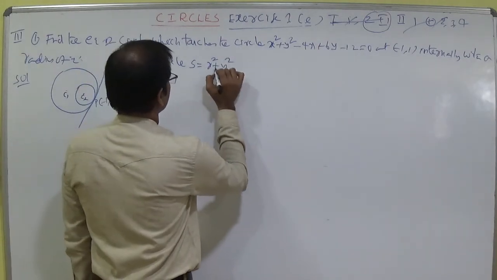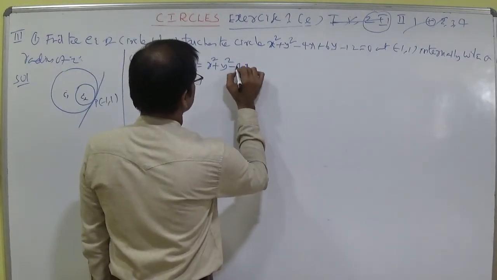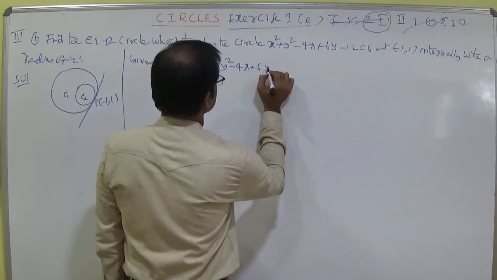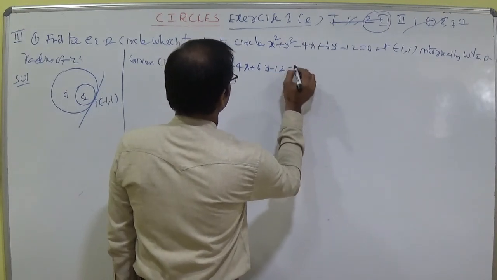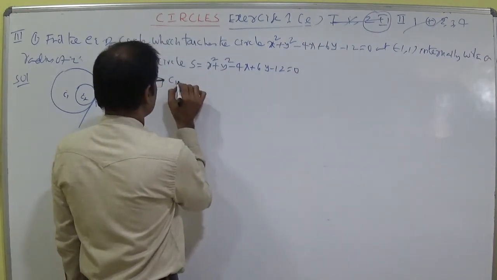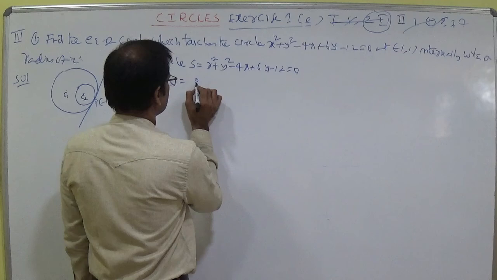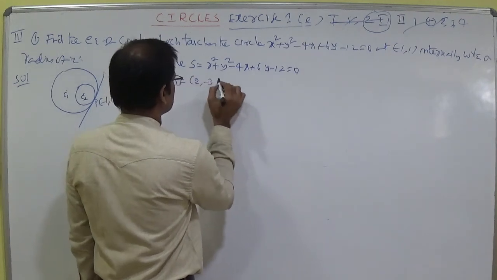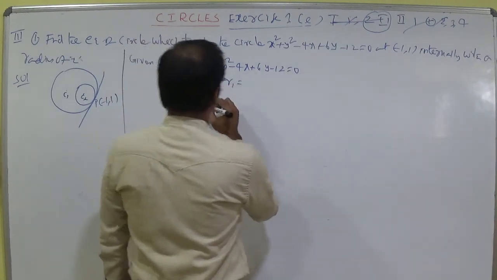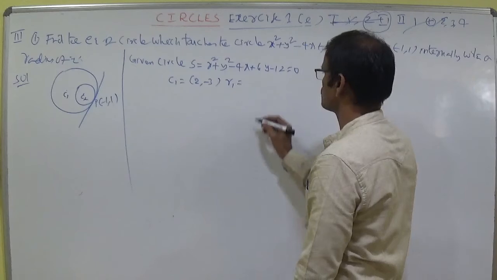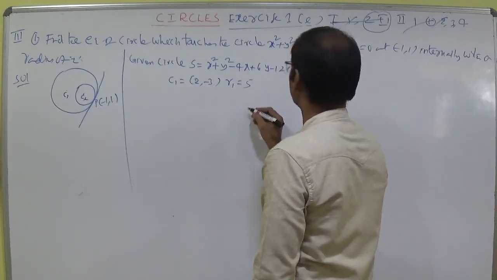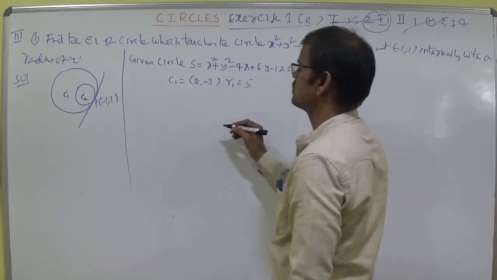Given circle x square plus y square minus 4x plus 6y minus 12 equal to 0, you can write C1 equal to 2 comma minus 3. R1 equals square root of 4 plus 9, 13, plus 12, so this is 5. R2 is given as 2.